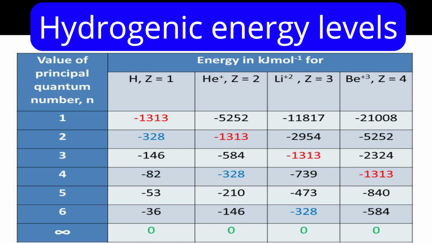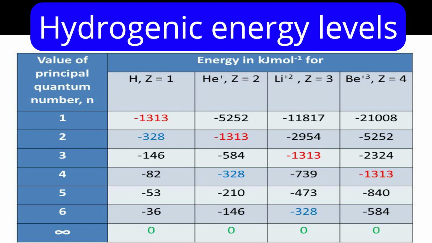Now, another way of correlation for comparison purposes, I inform here. Let us consider minus 1313 as a reference energy, one of the energy levels. This energy level is achieved by which shell? What is the shell number which has that energy, minus 1313 kilojoule per mole?